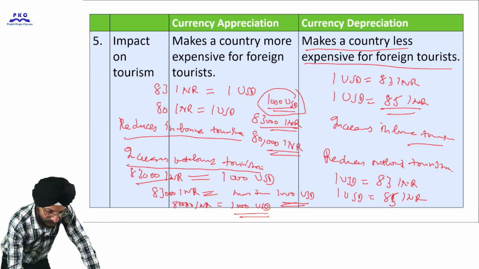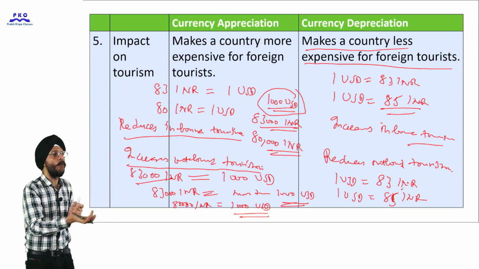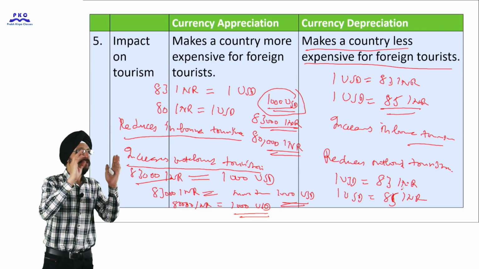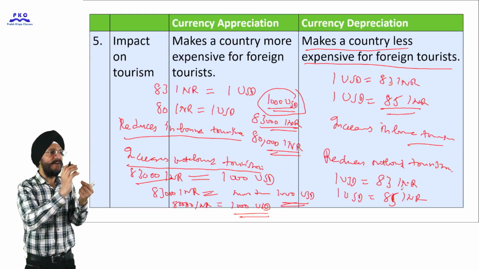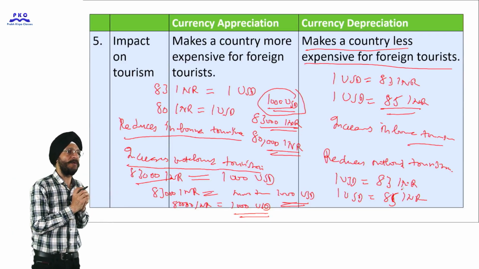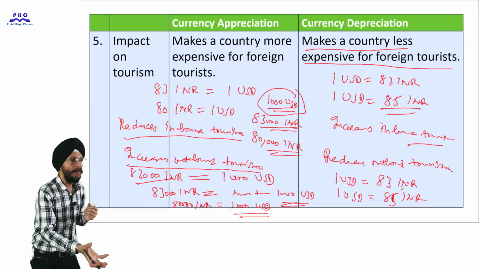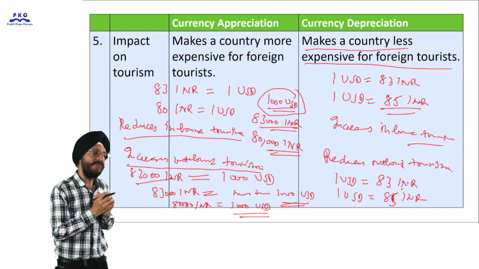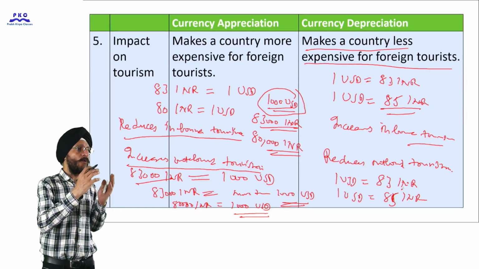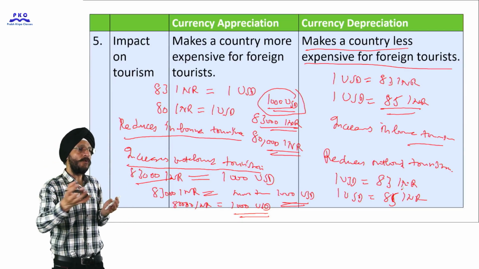It means that after depreciation, an Indian will have to pay more to get the same amount of foreign currency. Earlier, to purchase 100 US dollars, a citizen of India paid 8,300 Indian rupees. But now to get the same 100 US dollars, they will have to pay more, 8,500 Indian rupees.